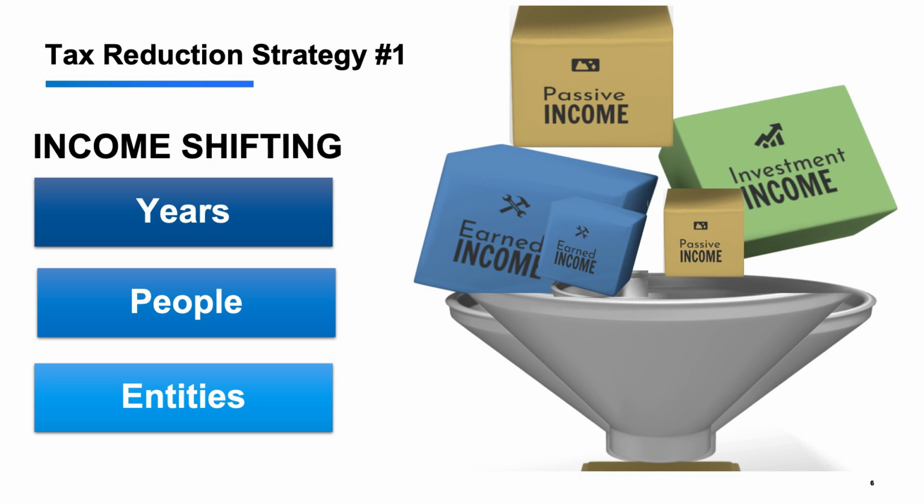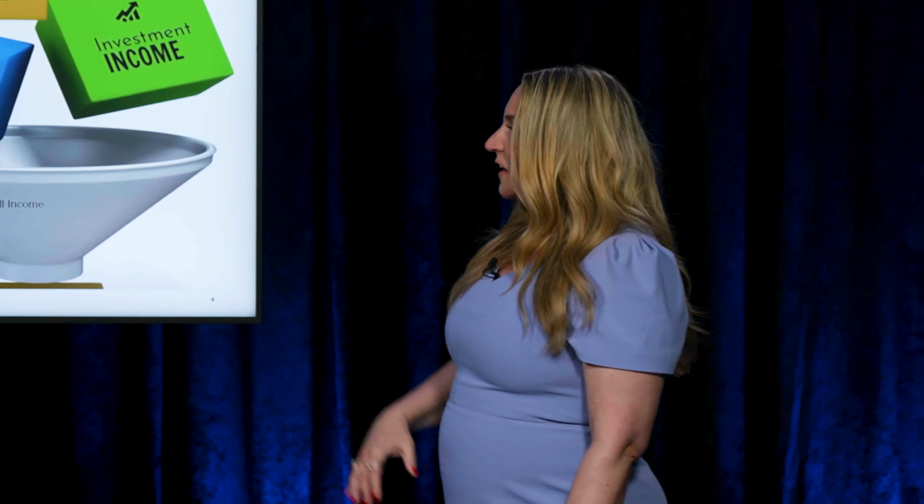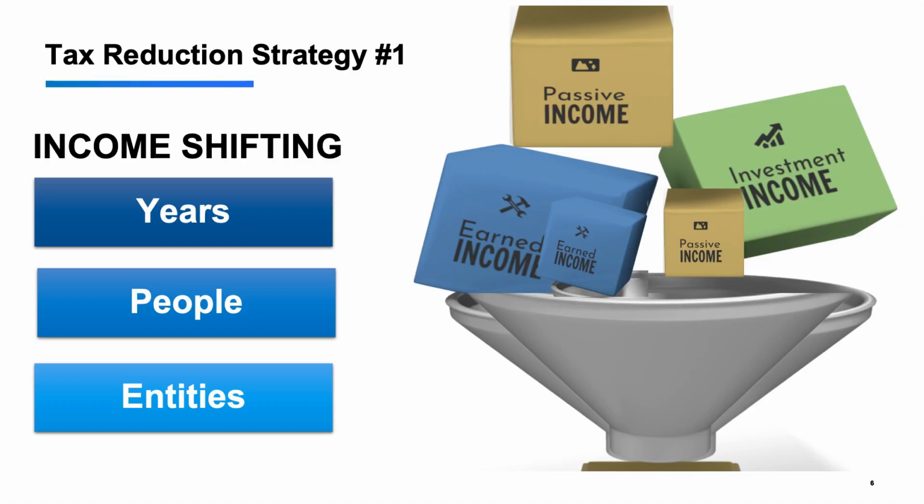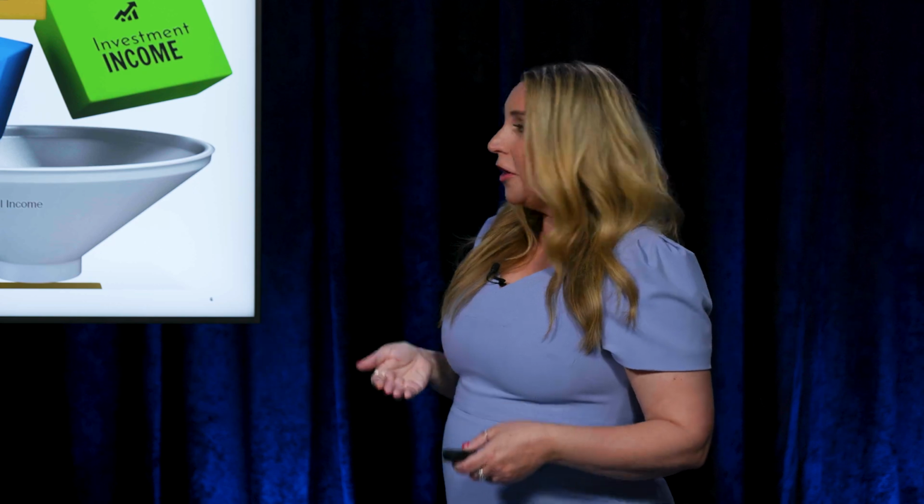We can also income shift with people in our lives, and that can be people that are in a lower tax bracket so that you can take that income that would otherwise be taxed at a higher rate and tax it at their rate, which is often lower. And finally, we can also use entities. Again, if we move income from a 1040 tax return off onto, say, an 1120 return, it never gets added into the income to begin with. And you know the drill, then tax is overall lower.